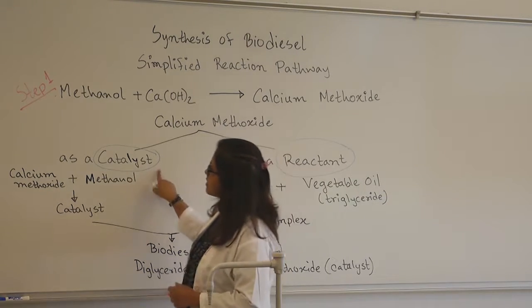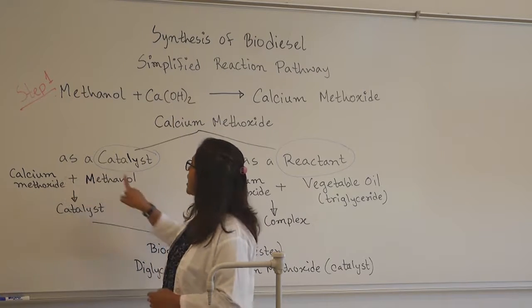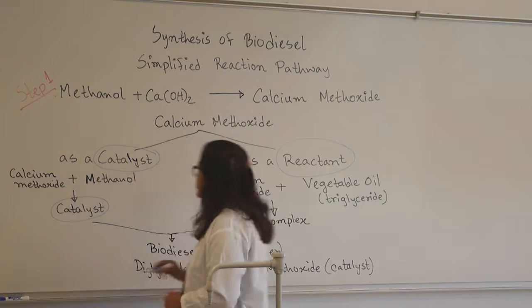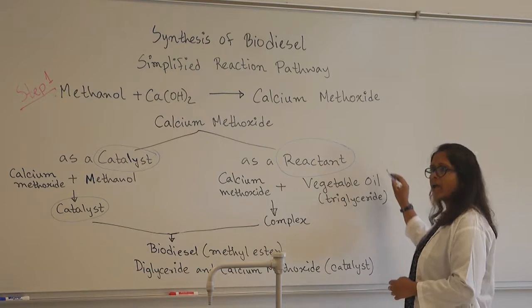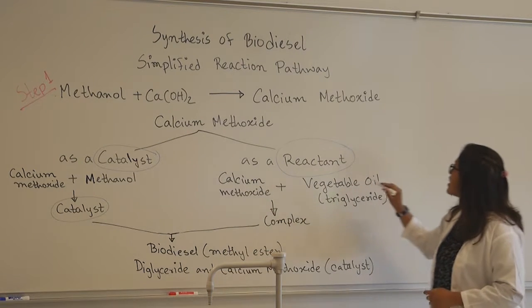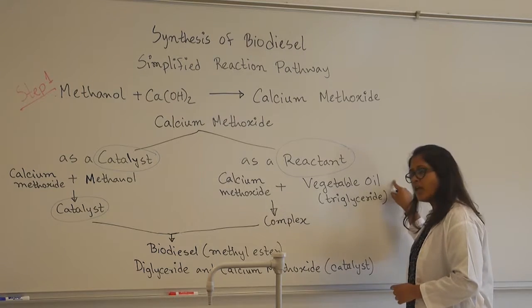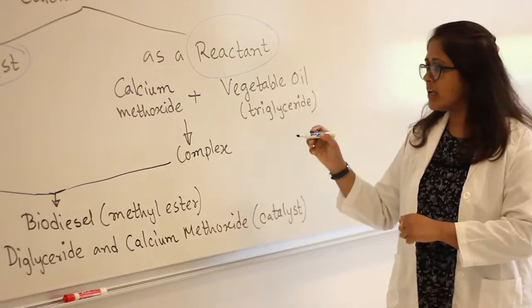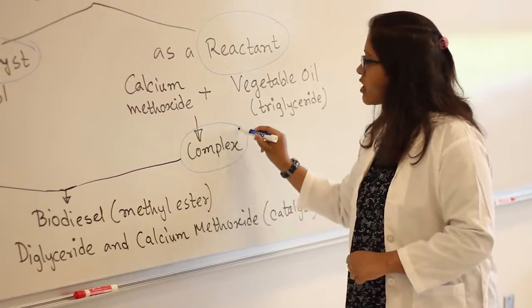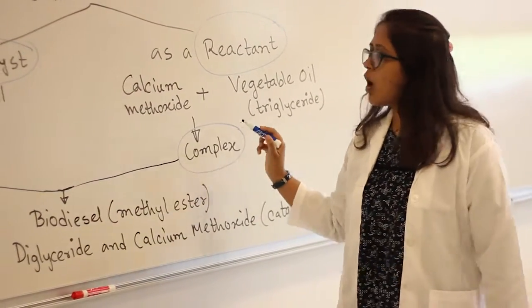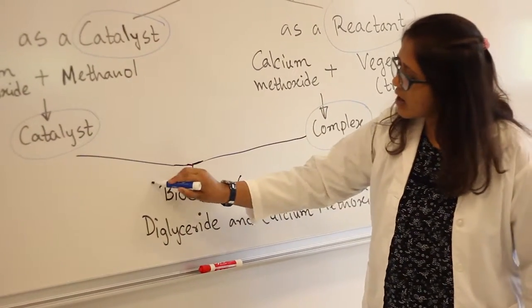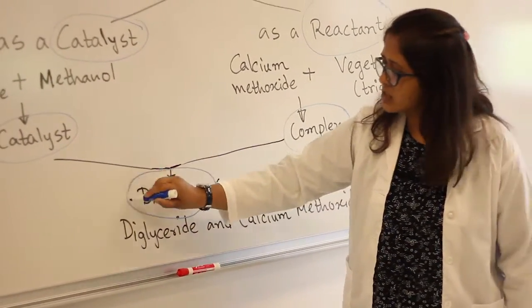As a catalyst, the calcium methoxide reacts with methanol and produces another catalyst, and as a reactant, calcium methoxide reacts with the vegetable oil, which is essentially triglyceride. So it produces a complex, and finally, the complex and the catalyst react and give you the final product, the biodiesel.